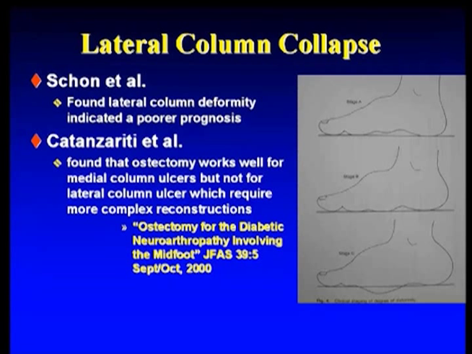Understanding midfoot Charcot is very important. Putting the stage and location together typically gives you these deformities through the midfoot, and they have to be identified as medial column deformities through the midfoot, where the medial column is collapsed, or if it's even more significant than the medial column collapse is the lateral column collapse. In the literature, there are two studies that discuss this lateral column collapse of the foot as being very difficult to correct, and it leads to collapse of the foot or a rocker bottom foot.